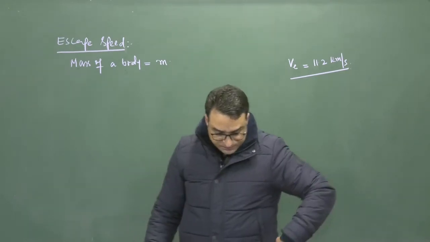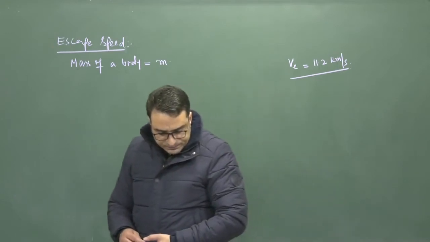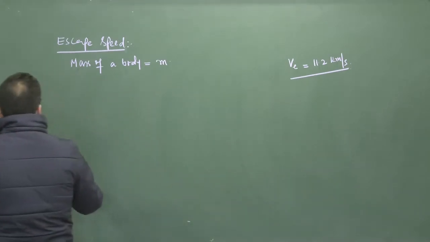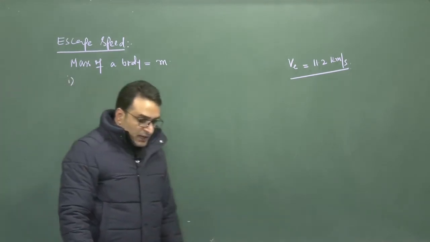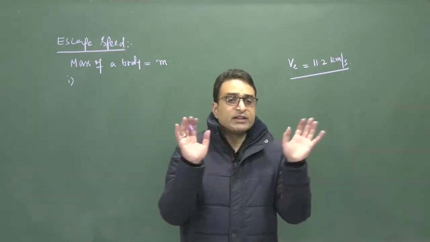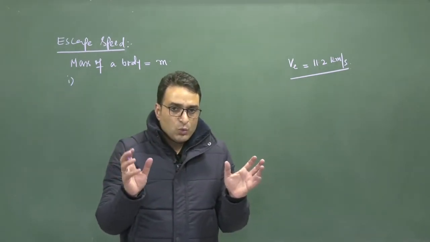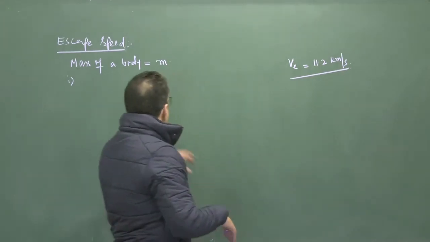Now, to calculate the escape speed from a point on the surface of Earth, we make certain assumptions. Now, these assumptions are: number one assumption is there is no other body other than the earth, which will exert the force on the mass m.